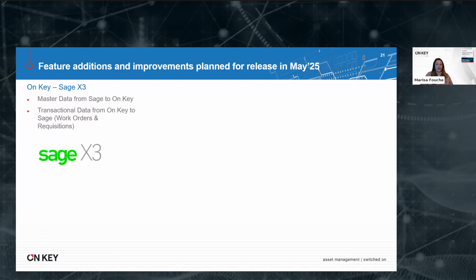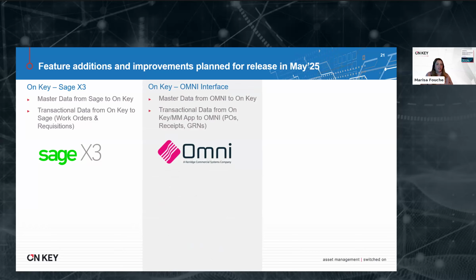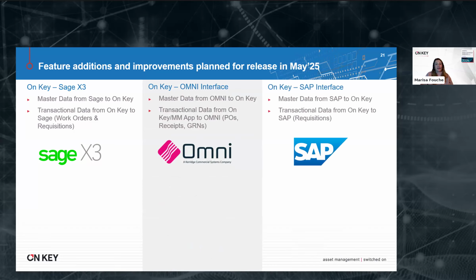And then next we have an Anki Omni interface, similar, where the master data syncs from Omni to Anki, and then the transactional data flows mainly from the MM app, the Material Manager app, going to Omni again. And then lastly, we have an Anki SAP interface. This interface enables seamless integration of requisitions from Anki to SAP. And that is it from the integrate side.